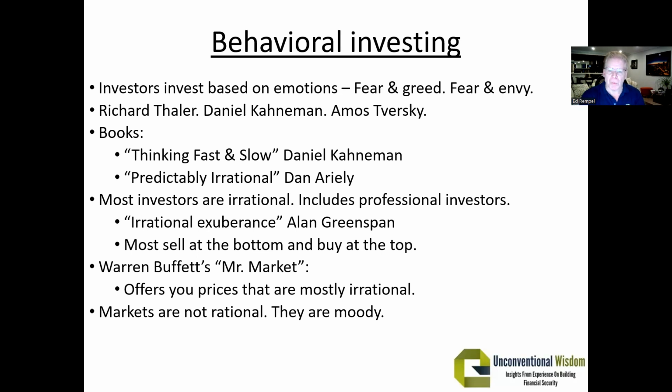A classic here was, back in '96, Alan Greenspan, the head of the Fed, with his quote about irrational exuberance. It's kind of what happens a lot with the market. And you see that in studies of when people buy and sell stocks: quite predictably, people tend to sell at the bottom and buy at the top. The month when more stocks were sold than any other month in history was February 2009, right at the bottom of the market.